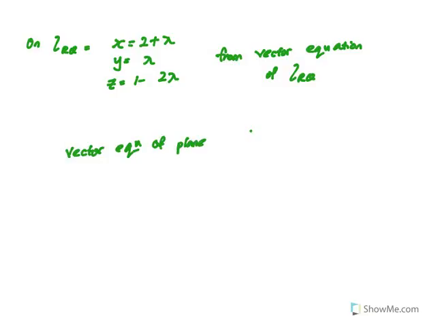The vector equation of the plane is r dot (1, 1, -2) equals 3. At the point of intersection, it should fulfill both the vector equation of the line as well as the plane. Since r represents x, y, z, we substitute simultaneously.